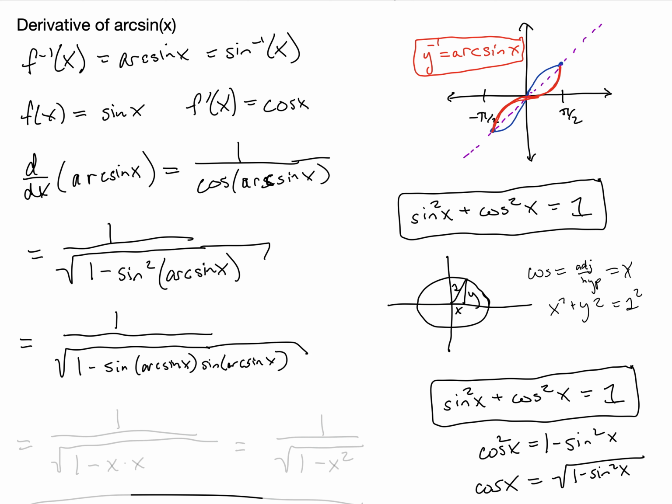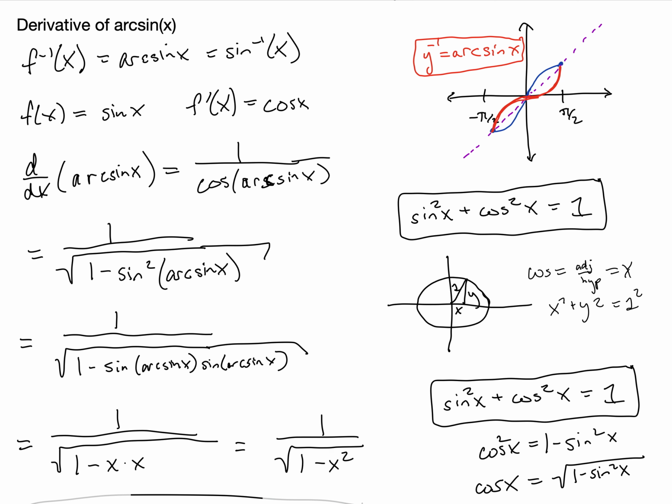And now sine and arc sine are inverses of each other. They undo each other. So this is 1 over the square root of 1 minus just x times x. And so that can be rewritten more simply as 1 over the square root of 1 minus x squared.